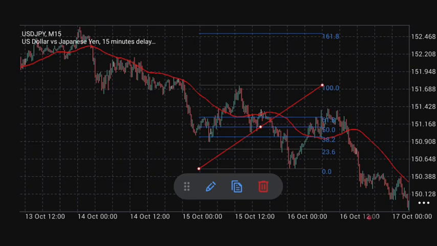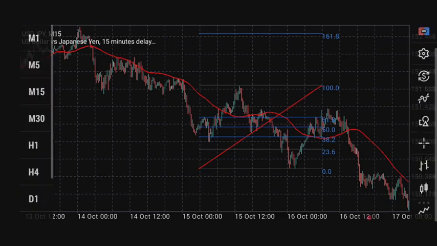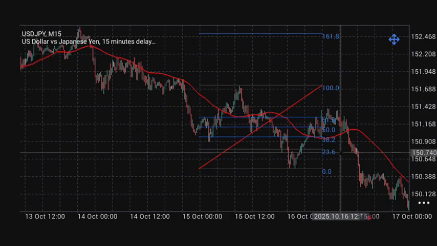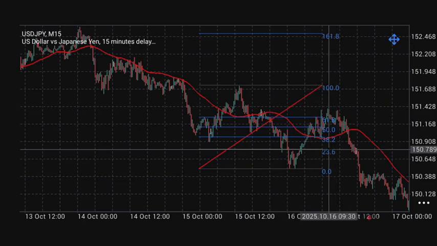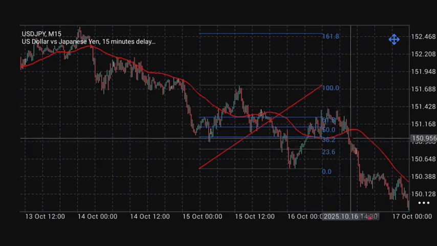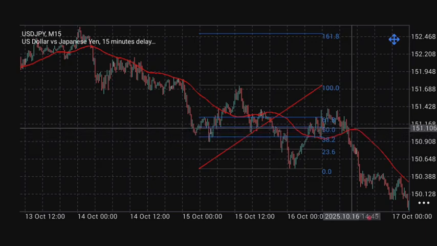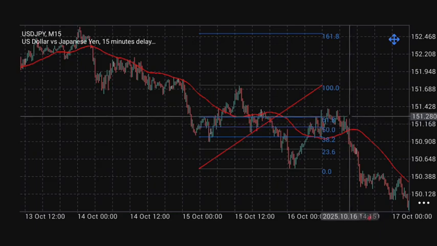So the price retraced, swept through the 23.6 level and continued. It could not bounce from there. It passed the 38.2 level, and then it swept through the 50% level and even the 61.8 level.